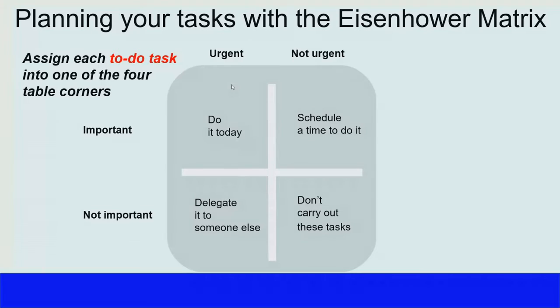On the other hand, when you have urgent tasks which are less important, you should also consider delegating some of these tasks to someone else in your organization. And finally, not urgent and not important tasks, well, postpone them and do them later when they become more relevant, but don't pay attention to these tasks in this day or in this week. That's how the Eisenhower matrix works for a day prioritization schedule.